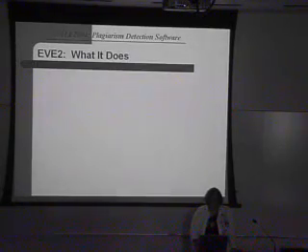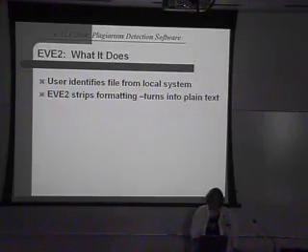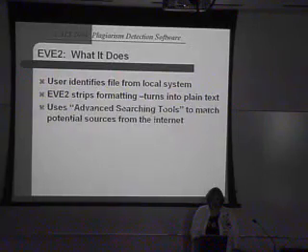The other product I'm going to show you is Eve 2. The user, me, the instructor or the support staff running the investigation, identifies a file from your local system. Eve 2 strips the formatting and turns it into plain text.